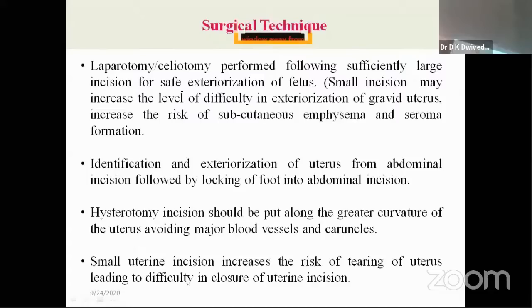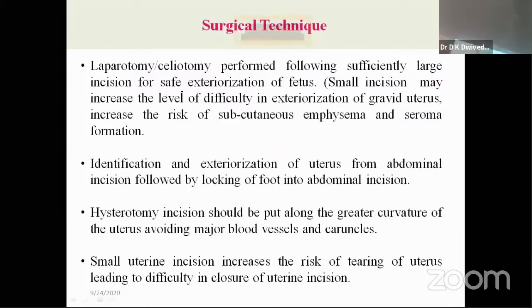So you have to put a sufficiently large hysterotomy incision so that you can easily take out the fetus. Otherwise, if you put a smaller uterine incision, that may lead to a tear of the uterine wall during the extraction of the fetus.